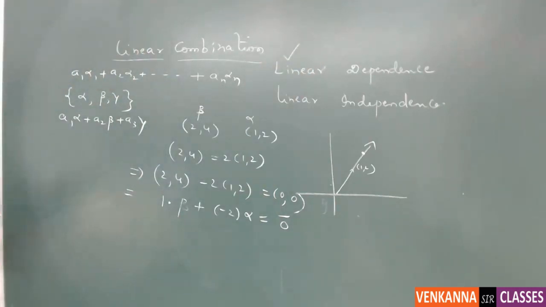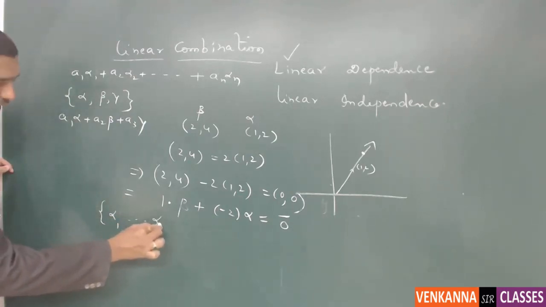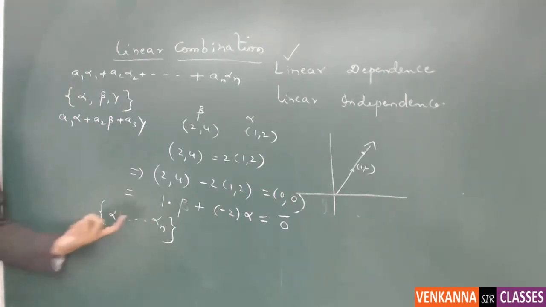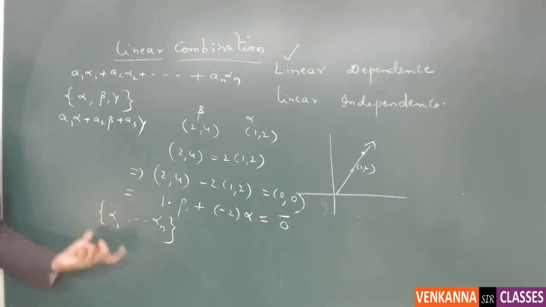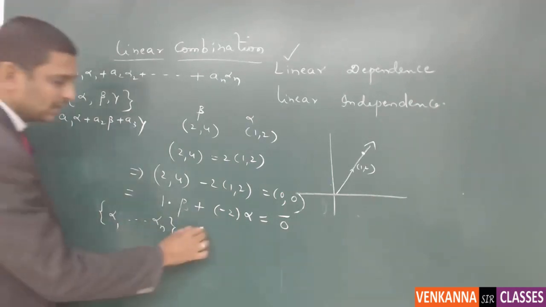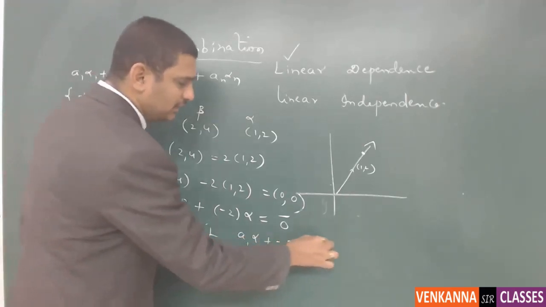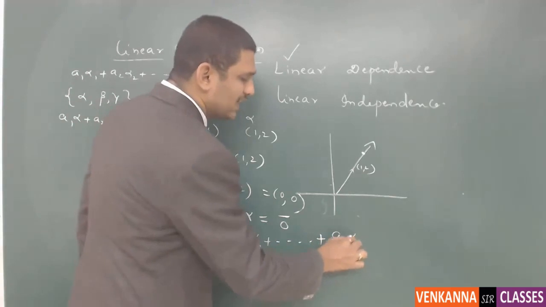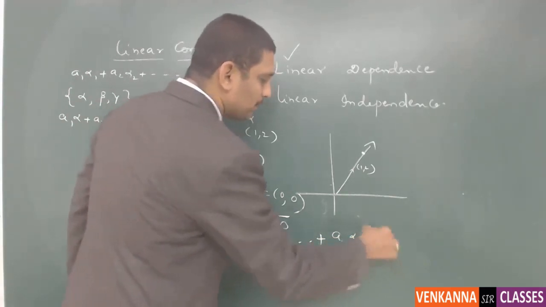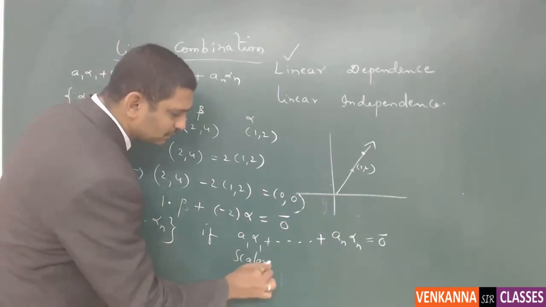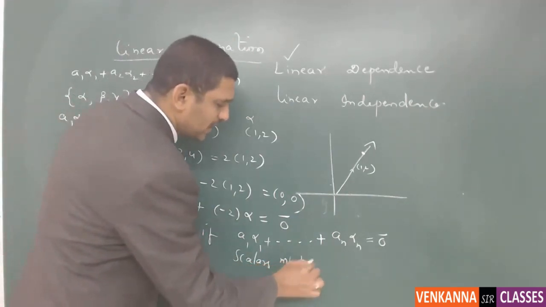If you write theoretically, whenever you took a set of vectors alpha 1, alpha 2, so on alpha n, we say that the set is linearly dependent if whenever you take a linear combination whose result is 0, then the scalars must be non-zero.